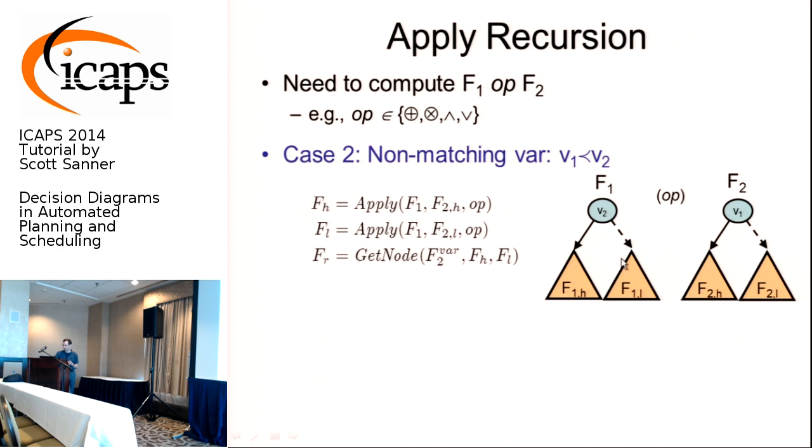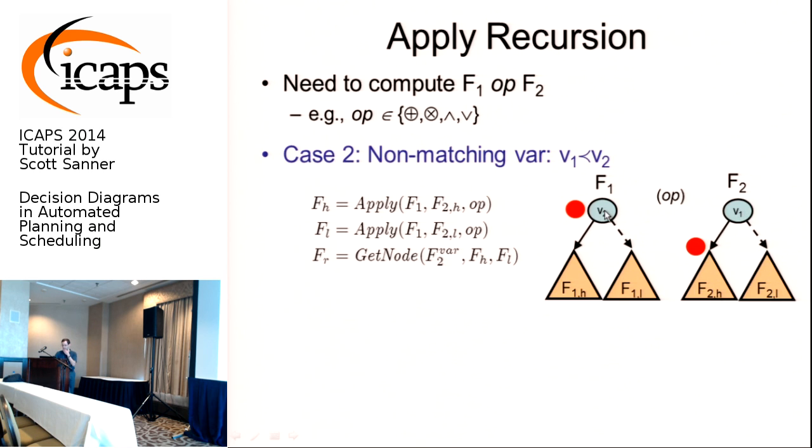The other case is if they have different variables, right? One has v2, the other has v1. Let's assume that v1 occurs earlier in the ordering than v2. So when v1 equals true, I move down in this diagram, right? But when v1 equals true, it didn't affect this diagram.